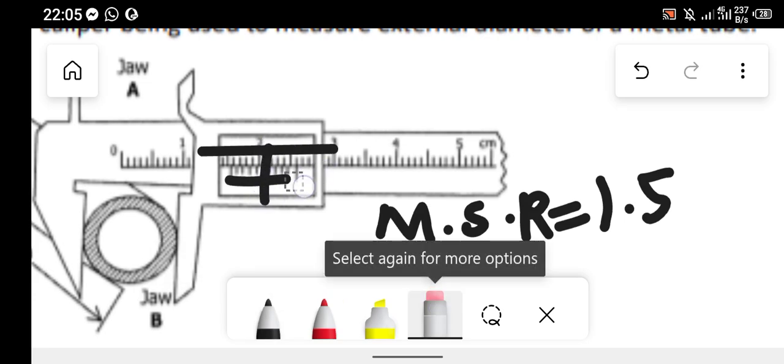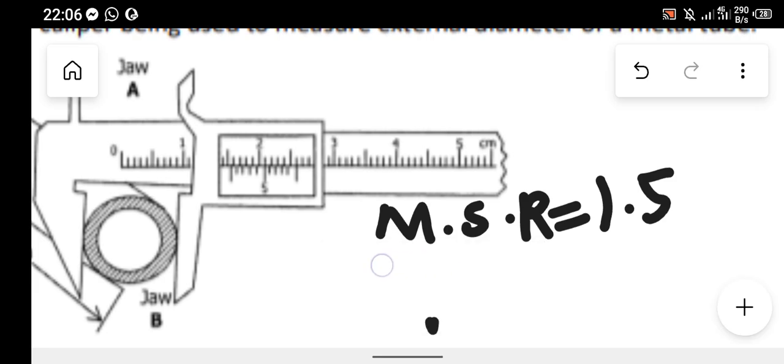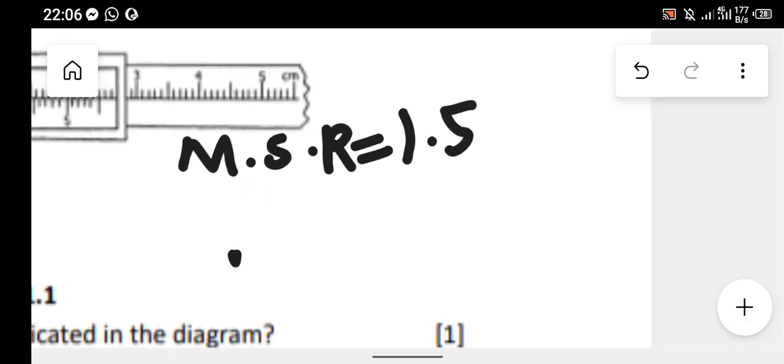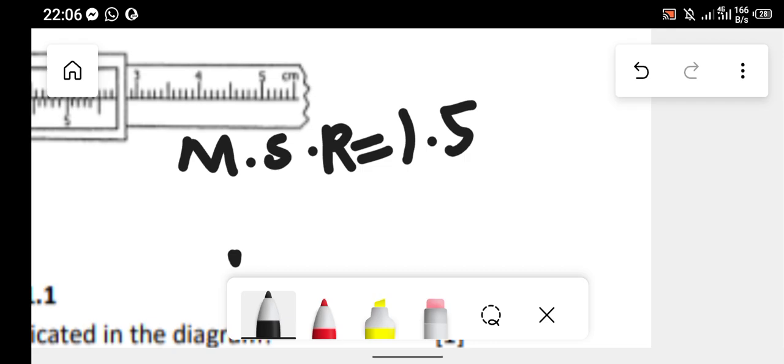In this question, you will notice that where the main scale and the vernier scale are forming a straight line is on 5 millimeters. Keep in mind that it's where the two lines are meeting, which is on 5 millimeters.